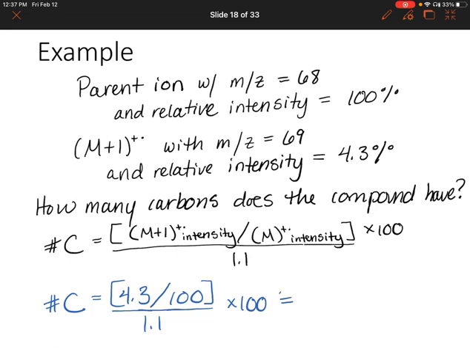That gives me approximately a value of 4, so that means that my compound has 4 carbons. This is a super useful tool, and typically the mass spectrum that you have is going to come with the relative abundance data as well. So you can use that to your advantage to figure out how many carbons your molecule has.